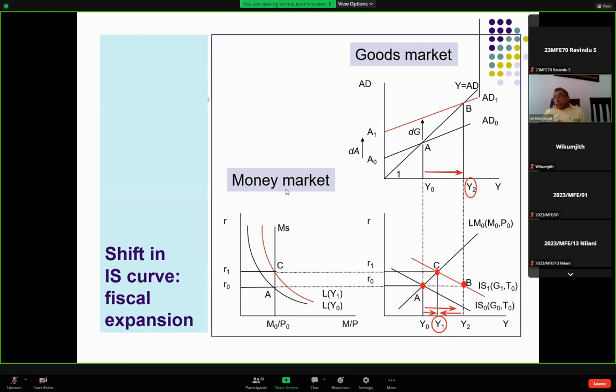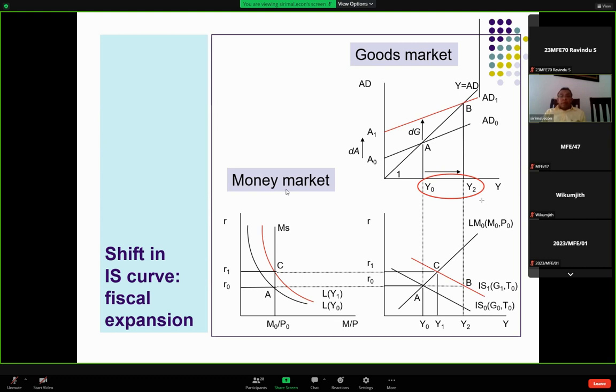What is the reason for that? That is due to the connection between the output market and the money market, and between the two markets. Now, in the very basic analysis, output increases from Y0 to Y2, and we analyzed this at the beginning, and also the process of increase in equilibrium output.